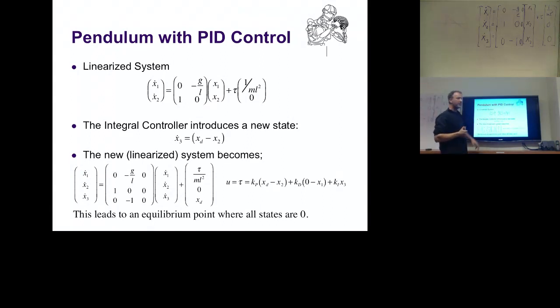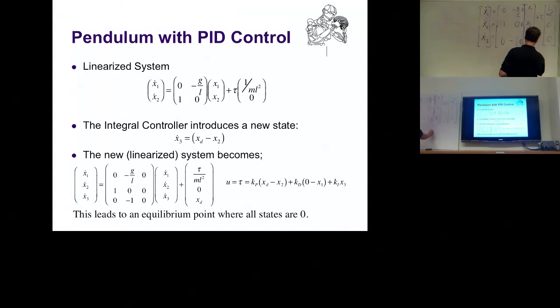And now we have a new system of equations which we have to solve. The interesting component now is basically the x3 state. Our controller, I forgot, is now a PID controller. Here our proportional term is as before. Derivative is as before. And look at the last term, it's ki times x3.